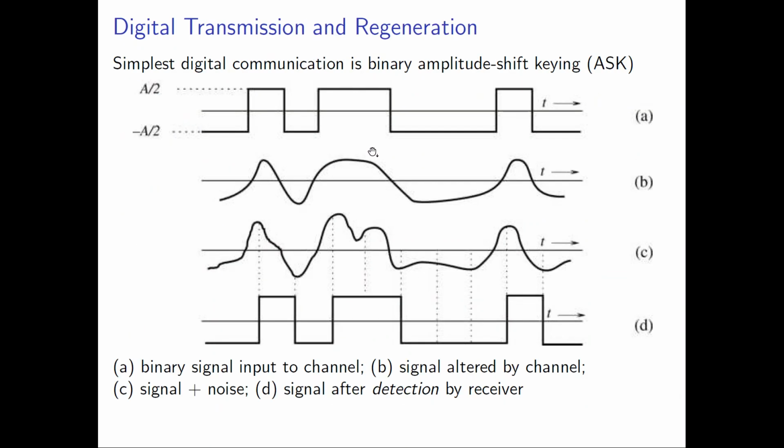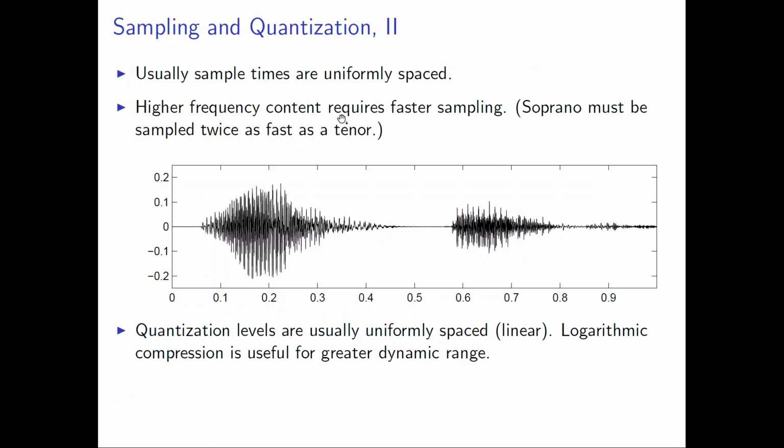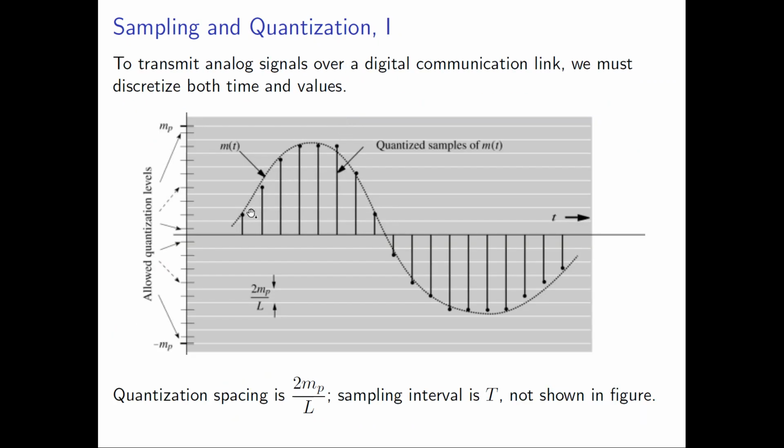Now I told you about sampling and quantization, and we said we sample the signal in time and quantize it in amplitude, and then we have points, these points. These points, at the end of the day, I need to map them to bits so that I get a digital signal composed of zeros and ones that can be converted to electrical signals of up and down, down and up.